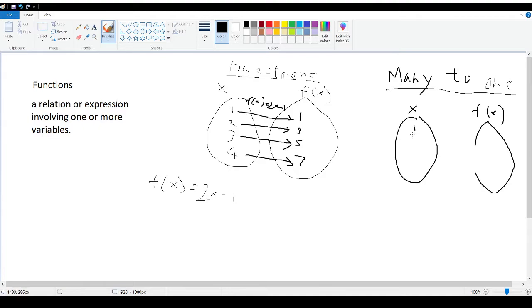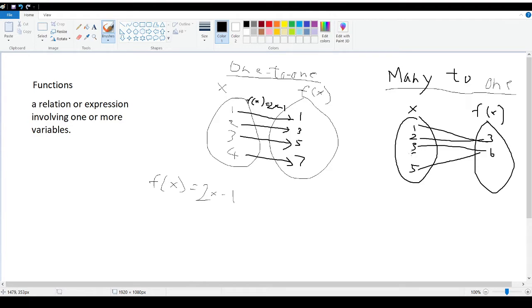So let's say 1 and 2, and these 2, 3, 3, 5. I'm just setting an example here. You input 3 and 5, and both of these values will be equal to 6.